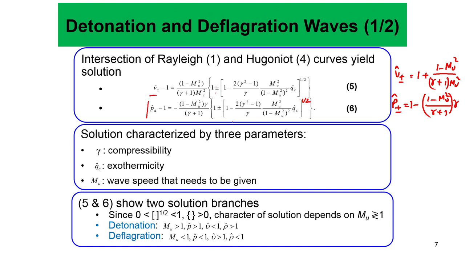For the solution of the square root to be real, the inside of the square root must be greater than 0. So 1 minus this part should be positive, which means this part should be less than 1. If this is less than 1, then 1 minus this is also less than 1, and after you take the square root, this whole thing is less than 1.